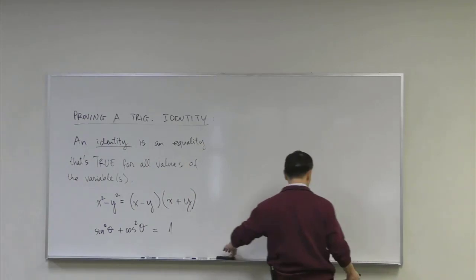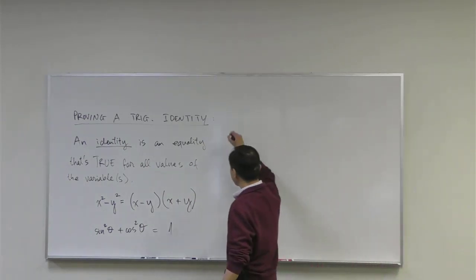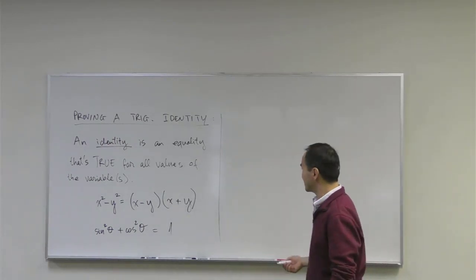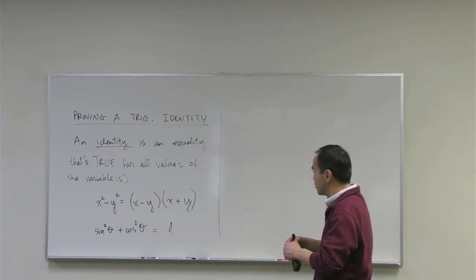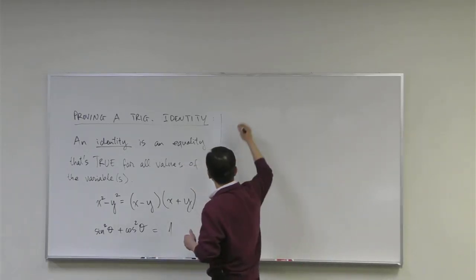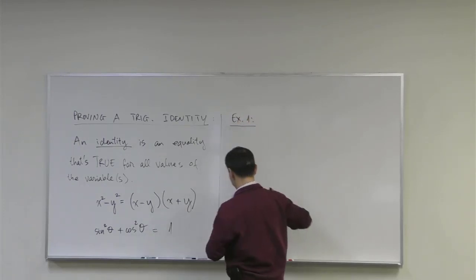So in that way, I'm going to take you guys through a few examples, and each example points out a style of how we can prove. The point of proving is that we want to show, as a generality, why it's always true. So let's look at example number 1 right here.